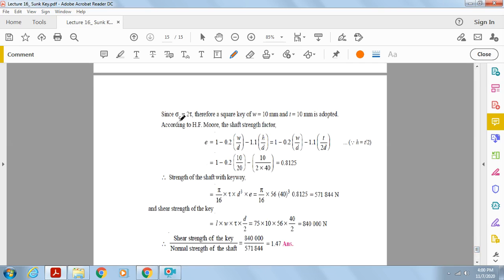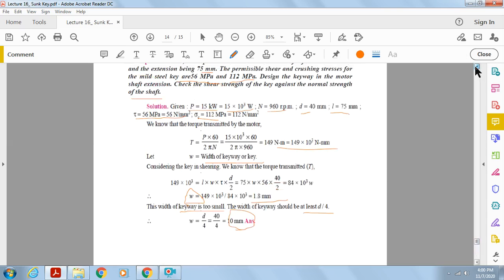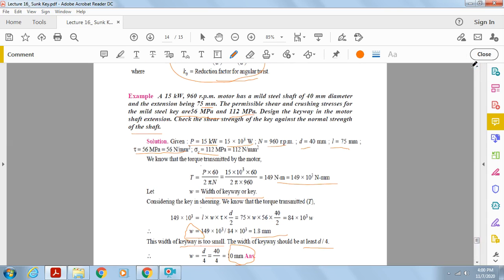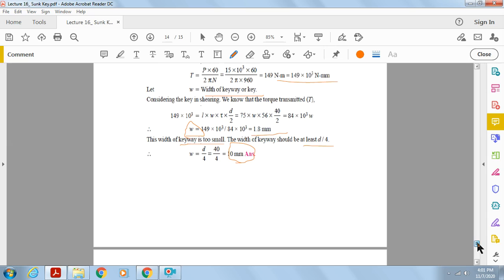Since in case of key whatever we design, the crushing stress is always taken 2 times the shear stress. Here we see the crushing stress is 112 MPa and tau is given 56, so sigma C equal to 2 times tau.